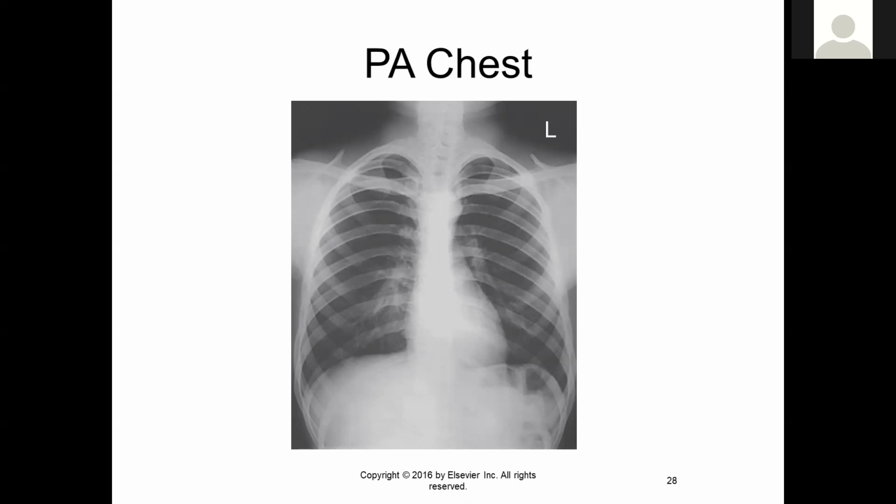So tall, slender patients typically have longer lungs than a more barrel-chested patient. They're going to have shorter but wider lungs. So in this case, the lengthwise orientation is appropriate. We want to have the entire lung field represented from the apices to the costophrenic angles.